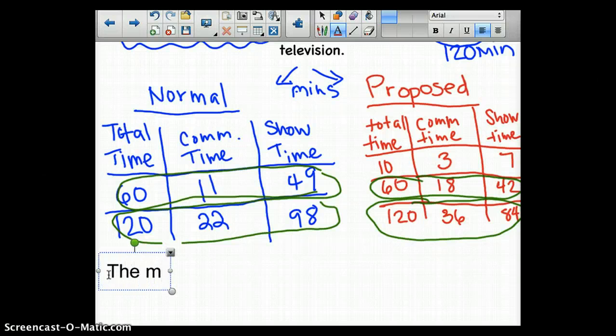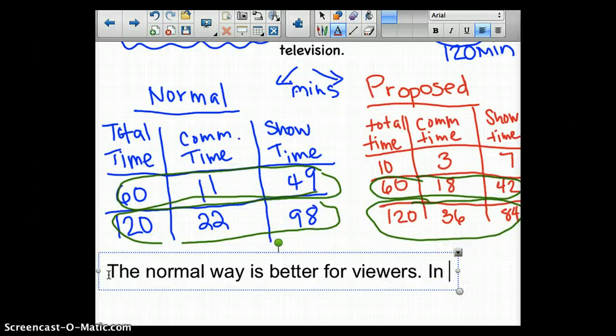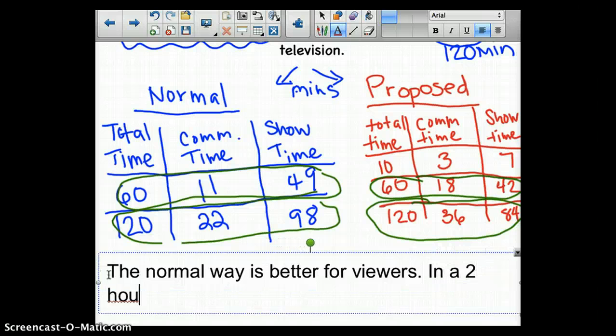So the normal way is better for viewers in a 2-hour show.